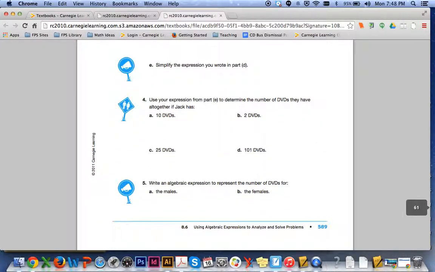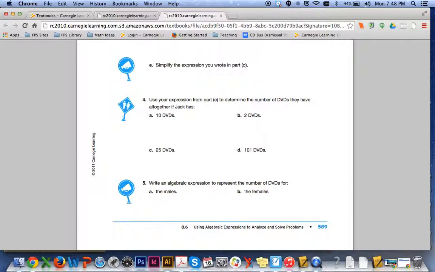Now for problem 4, it says use your expression from part E to determine the number of DVDs they have altogether if Jack has 10 DVDs, 2 DVDs, 25 DVDs, and 101 DVDs. So in this problem, you're going to have to go ahead and put those numbers in for X. So 10 would go in for X, 2 would go in for X, 25 would have to go in for X, and 101 would go in for X, so that you can simplify the expression.